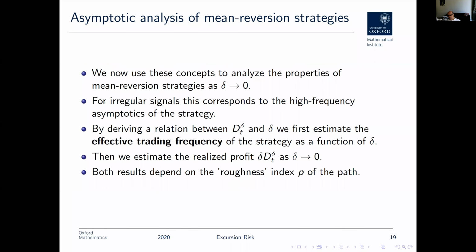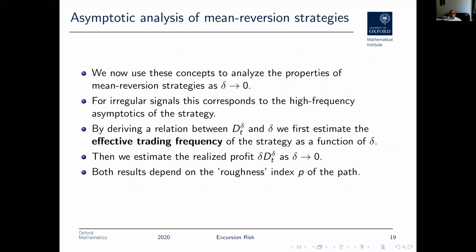Okay, so why is this interesting? Well, we're going to show that this formula will allow us to analyze the properties of these trading strategies, the mean reversion strategies, as delta goes to 0, and relate their properties to the local time of the path of the signal.